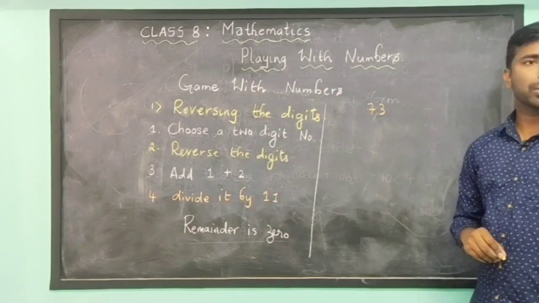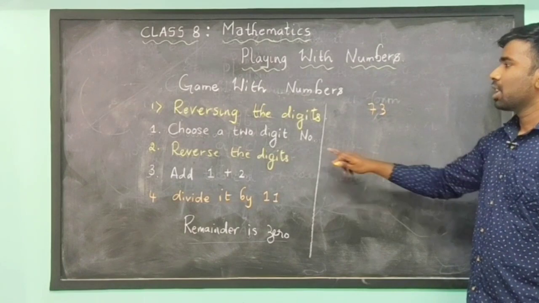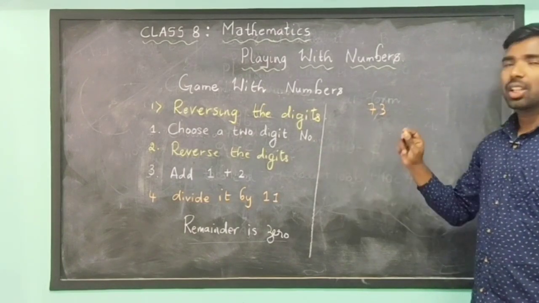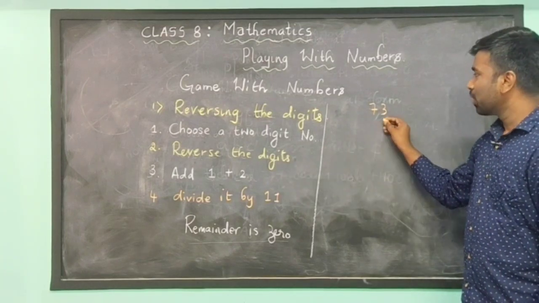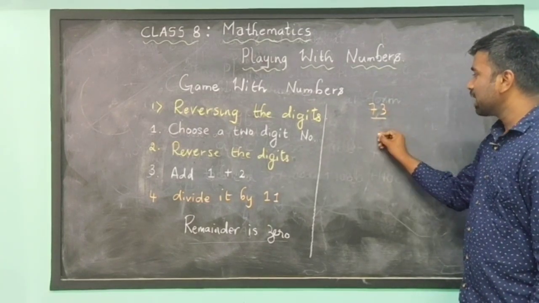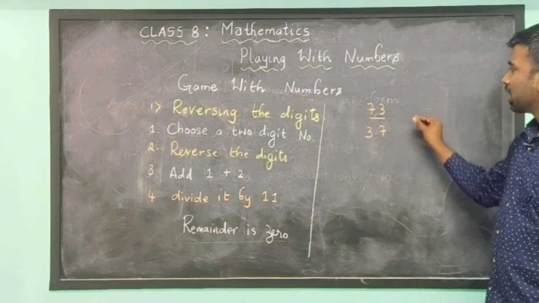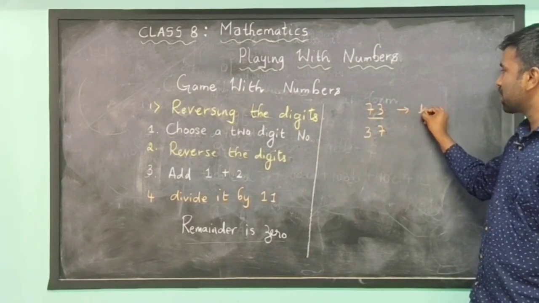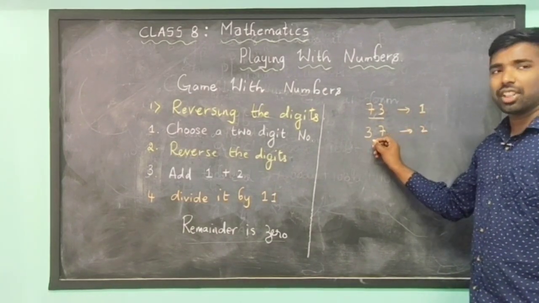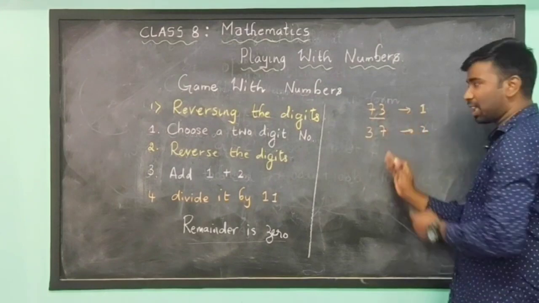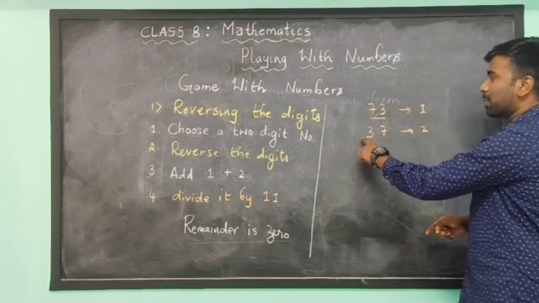Now I'll reverse the digits, and after reversing it becomes 37. The number I have chosen is 73, next I have reversed the number. Now the third step is add these numbers.